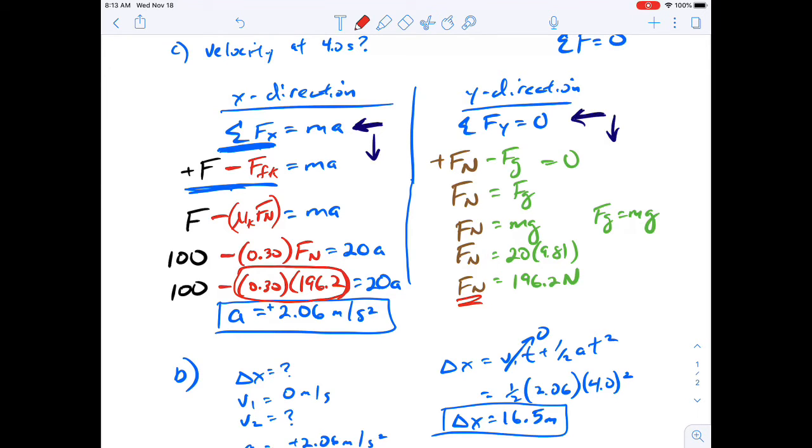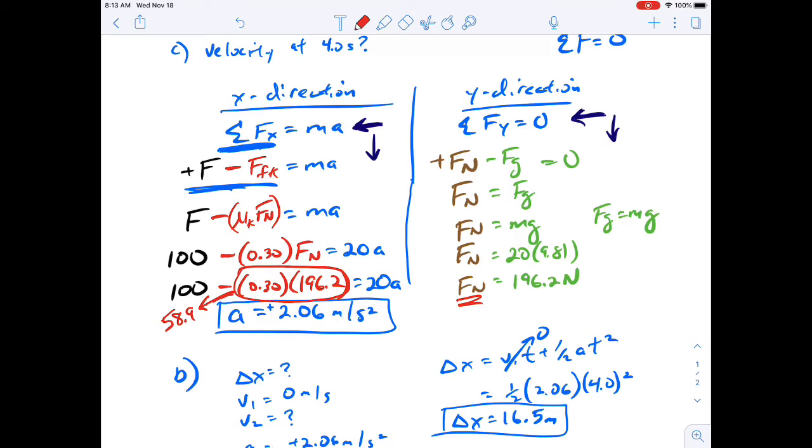So if you put that into the calculator and get that number, the frictional value is a little less than 59 newtons, 58.9. So this value would have been 58.9. So I just wanted to point that out.